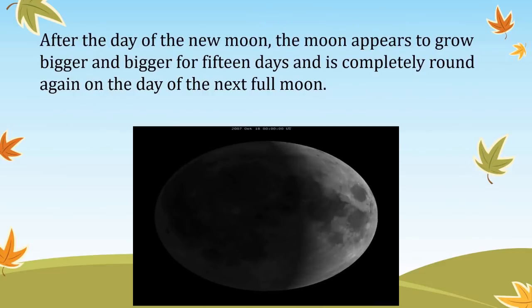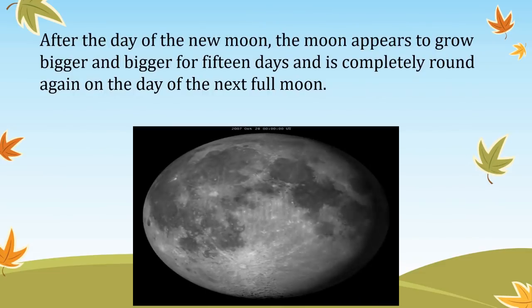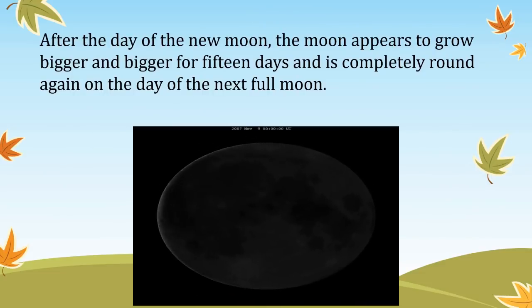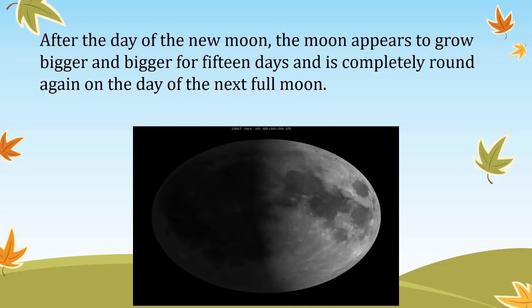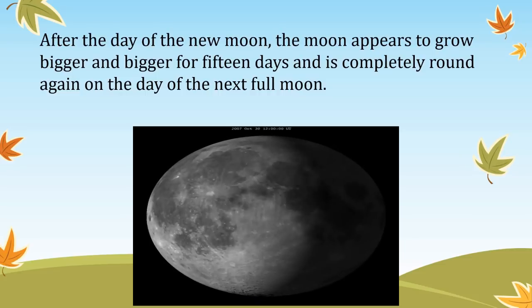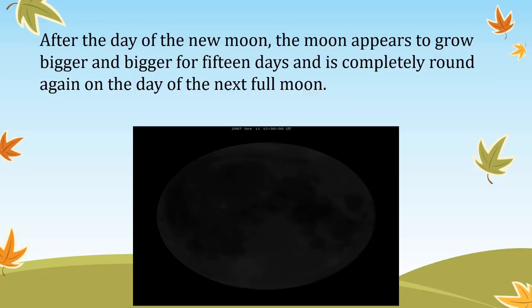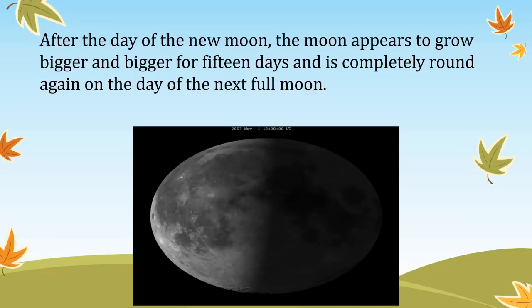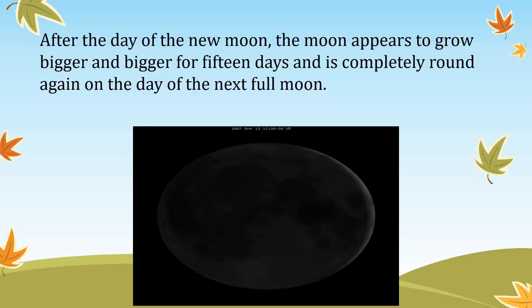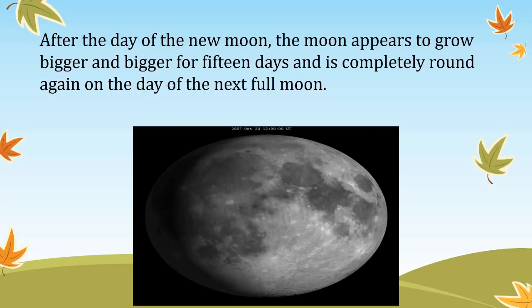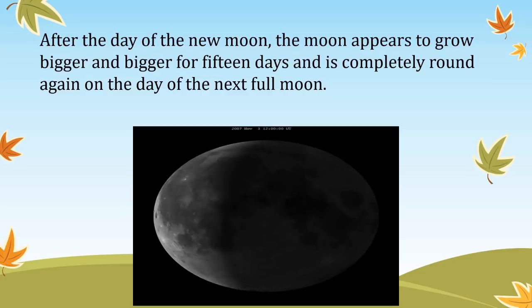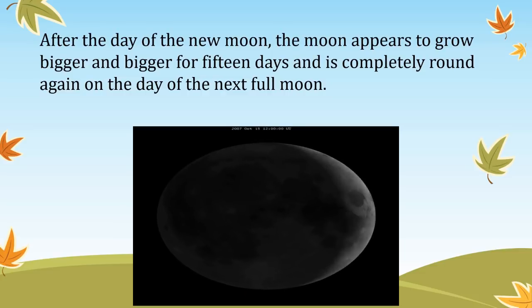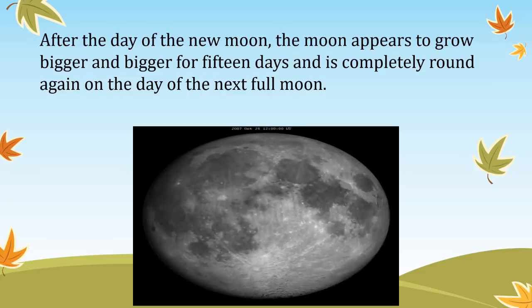After the day of the new moon, the moon appears to grow bigger and bigger for 15 days and is completely round again on the day of the next full moon. So students, after the full moon day, for the next 15 days, the moon appears smaller and smaller.